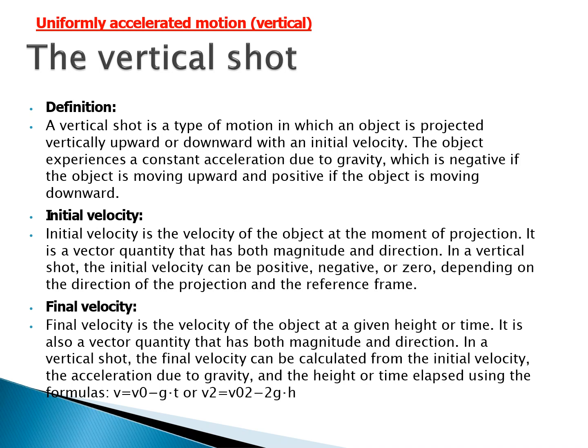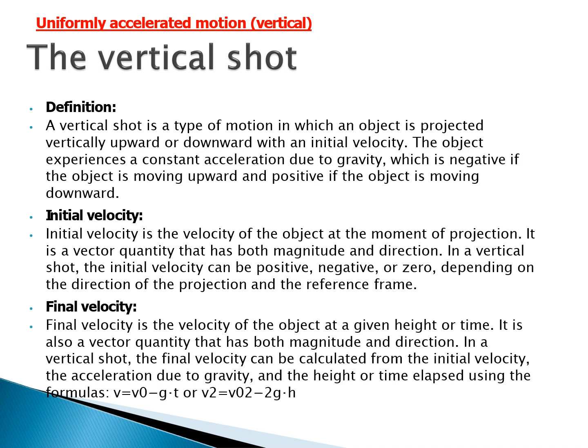The maximum height is reached when the velocity becomes zero, which occurs at t equals v0 divided by g, or h equals v0 squared divided by 2g.